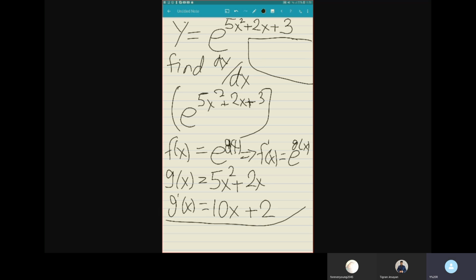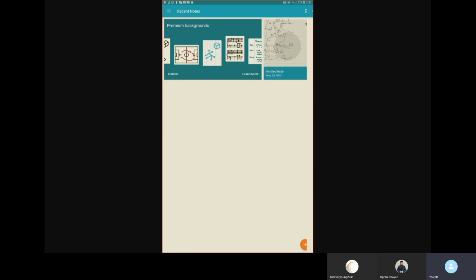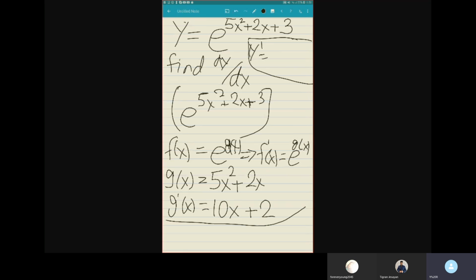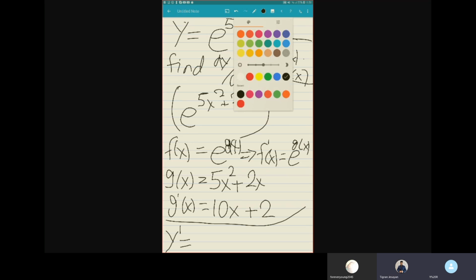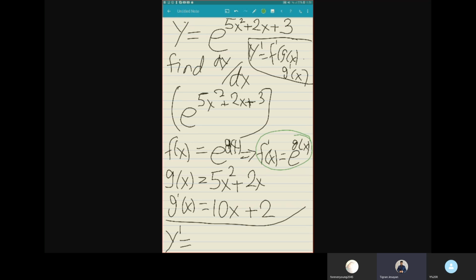The derivative y' is given by f'(g(x)) times g'(x). Yeah. So now let's plug in these items.